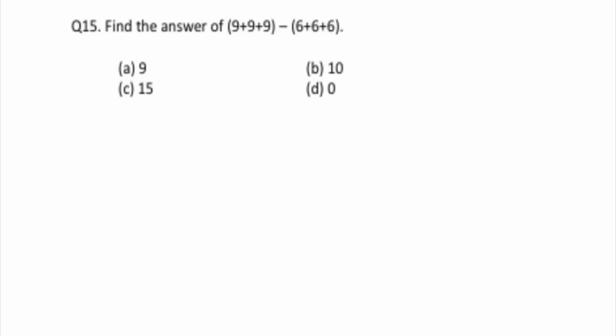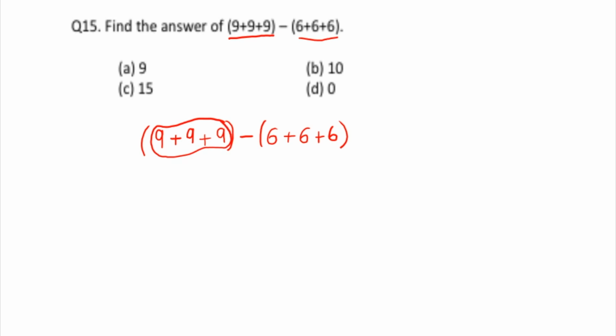Find the answer of 9 plus 9 plus 9 minus 6 plus 6 plus 6. So it's given 9 plus 9 plus 9 subtracted by 6 plus 6 plus 6. First let's add these three numbers. 9 plus 9 plus 9 will give us 27.